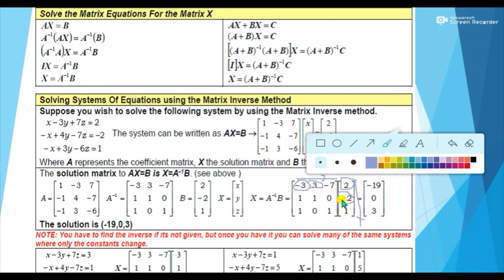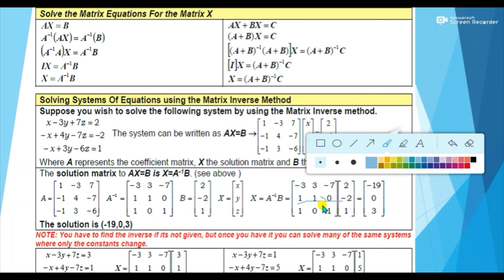This gives minus 6 plus 3 into minus 2, that is minus 6, making minus 12. Then minus 7 into 1 added to minus 12 gives us minus 19. This is how we multiply the matrices.